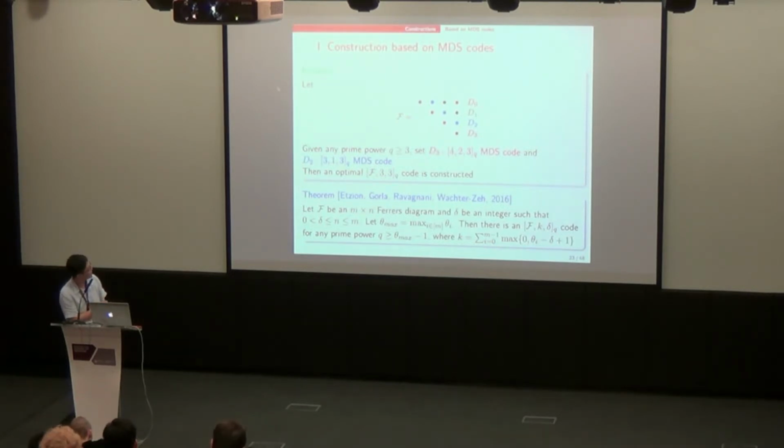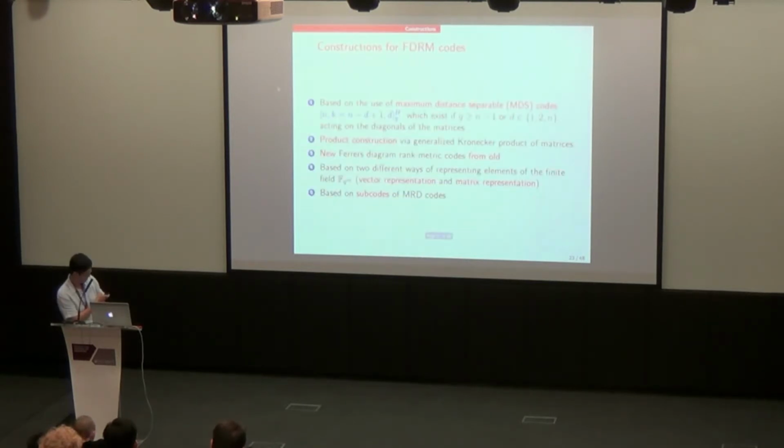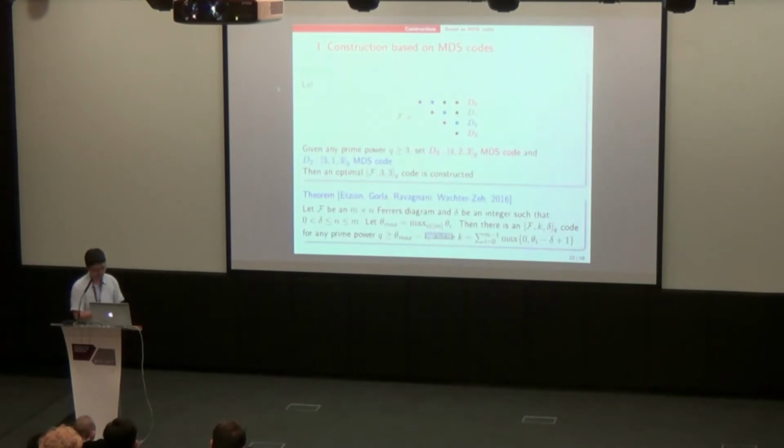Okay. Here for this example, first we want to construct a code for a Ferrers diagram with this parameter. Here we hope the rank distance delta is at least equal to 3. How do we do it? Okay. First, we label these 4 diagonals by D0, D1, D2, D3.